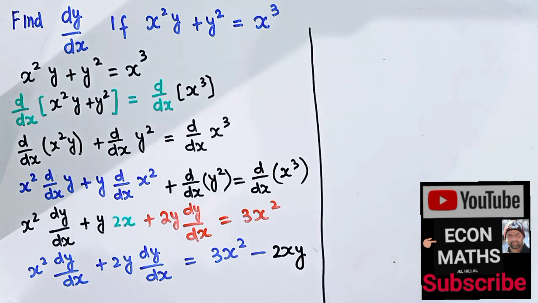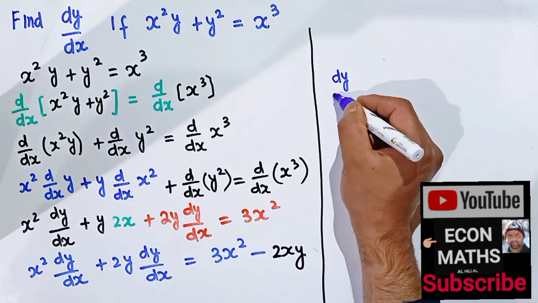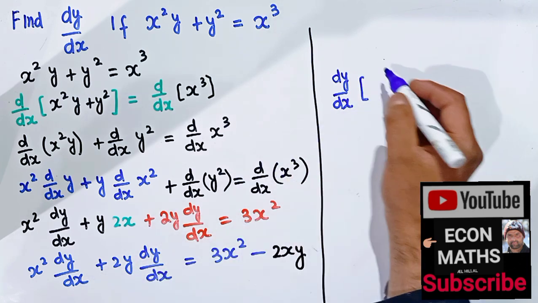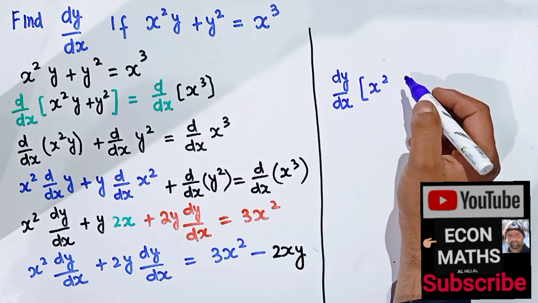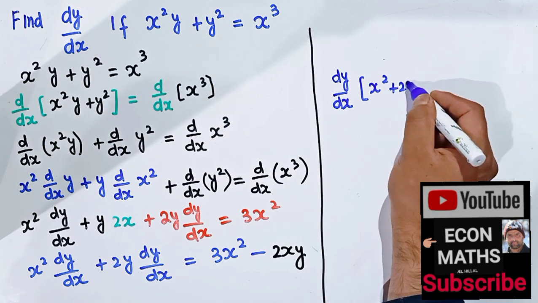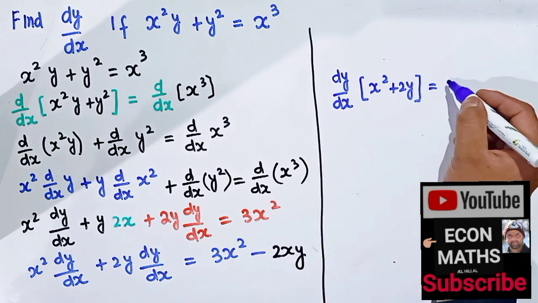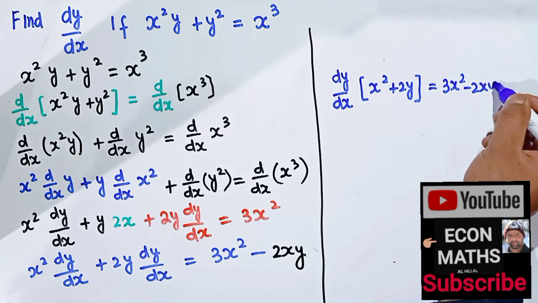After that, let us take dy upon dx common here. If we take it common, we are left with x square plus twice y, and it should be equal to 3x square minus twice xy.